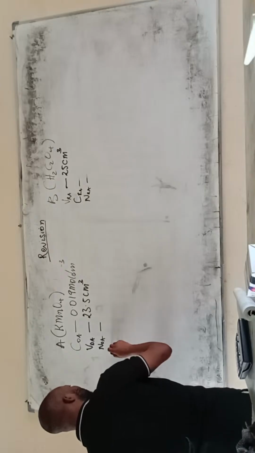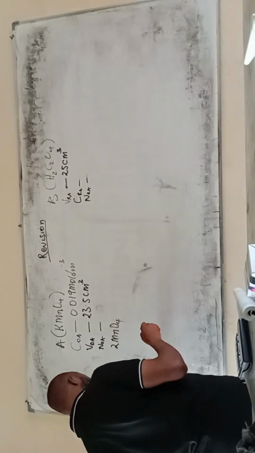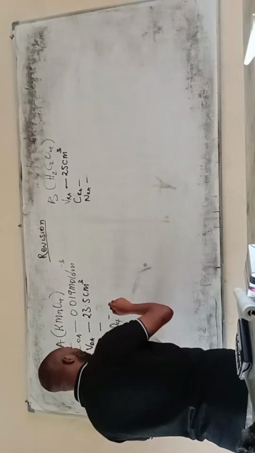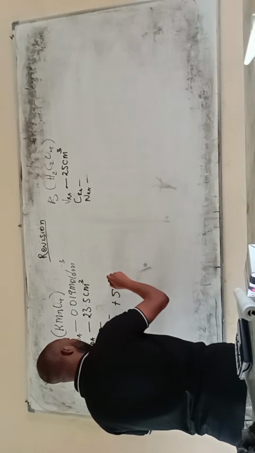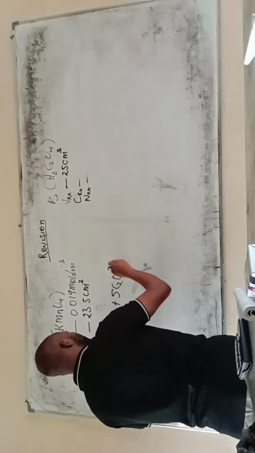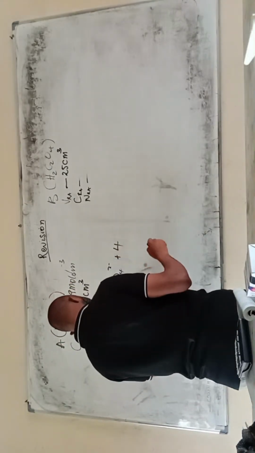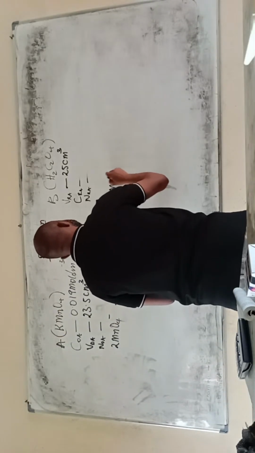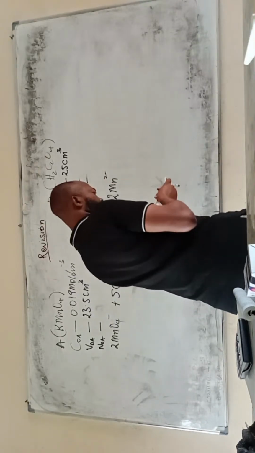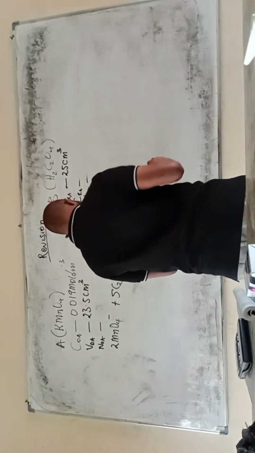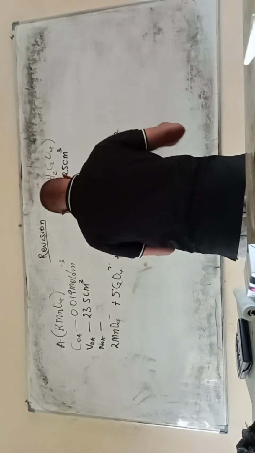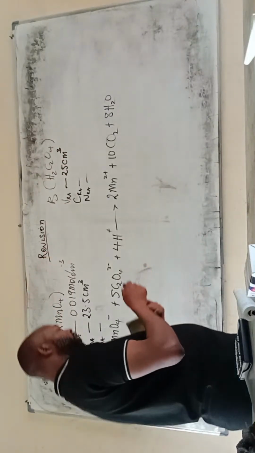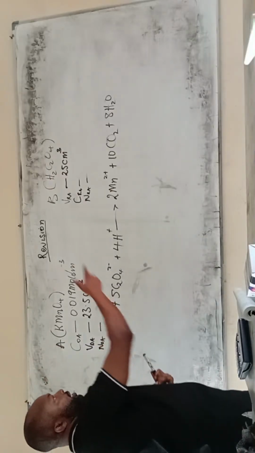This is the equation of reaction. We have 2MnO4⁻ + 5C2O4²⁻ + 16H⁺ gives us 2Mn²⁺ + 10CO2 + 8H2O. So from the equation of reaction, we'll be able to determine the number of moles of oxidizing agent and the number of moles of reducing agent.